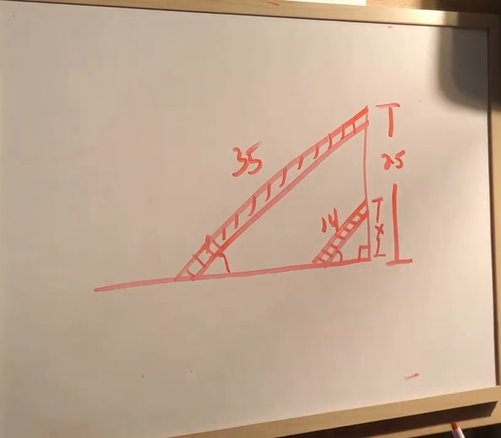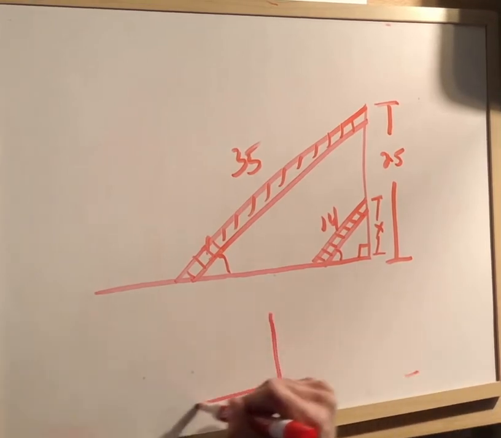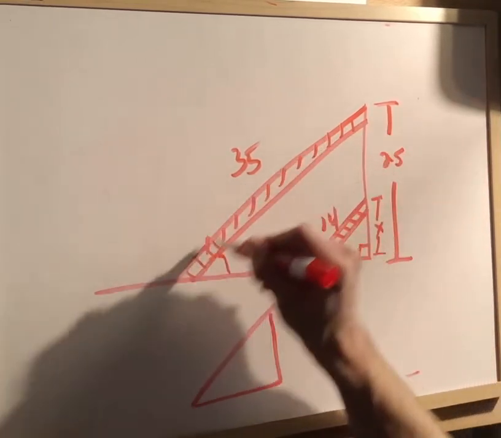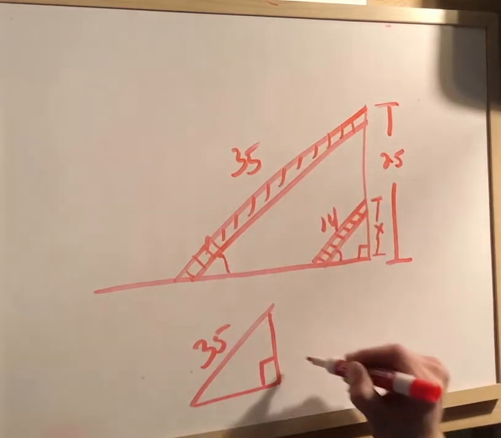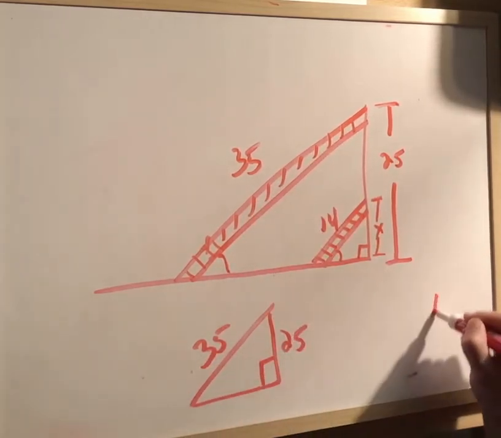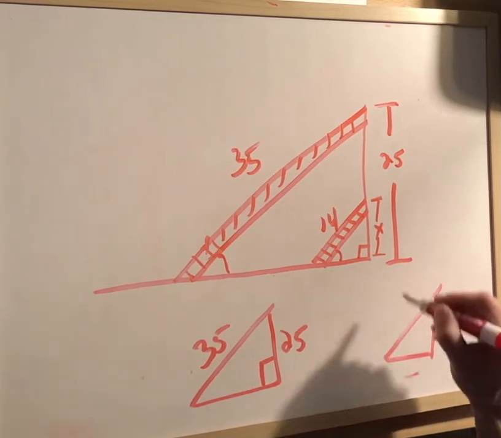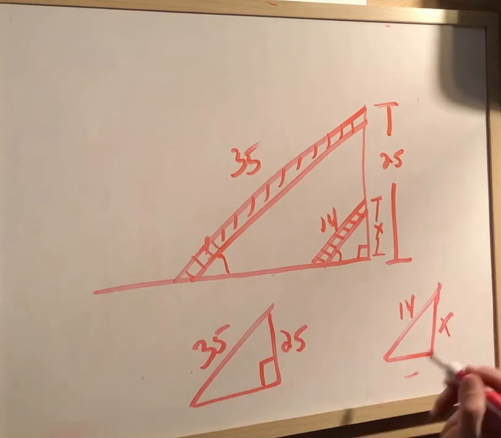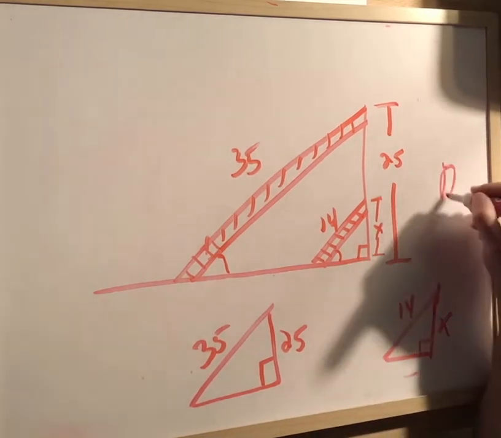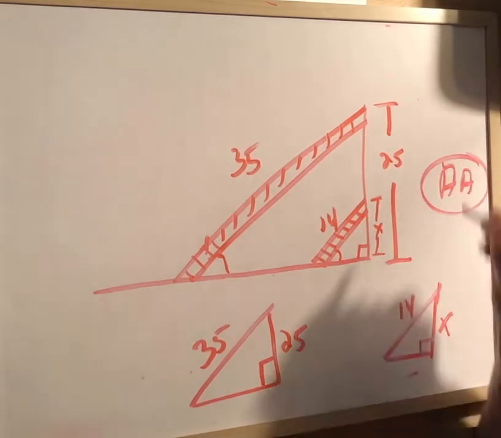And the way you set this up is you just redraw two triangles. So let's take this triangle. This is 35. This is 25. And let's take this little triangle. This is 14. And this side is x. These two triangles are similar because of, watch, angle, angle makes them similar.